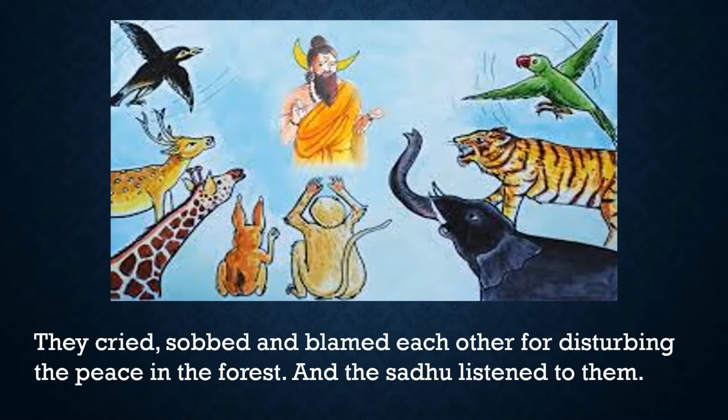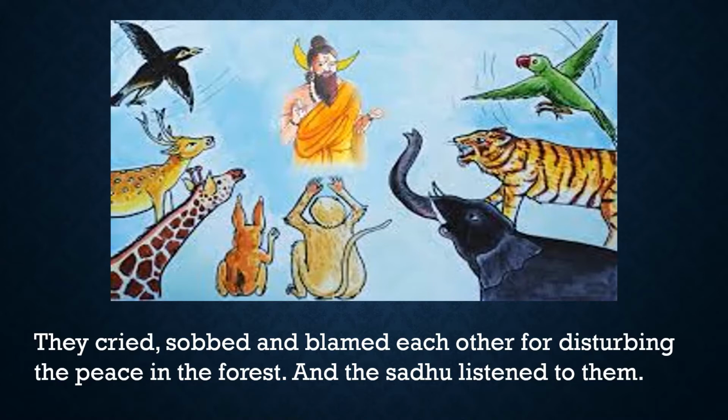They are just complaining about the other animals, who are responsible for the lack of peace in the forest. And the sadhu very quietly listened to all the animals complaining about other animals for their responsibility in disturbing the peace in the forest.